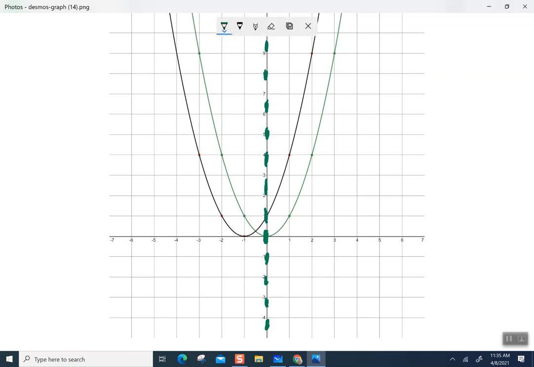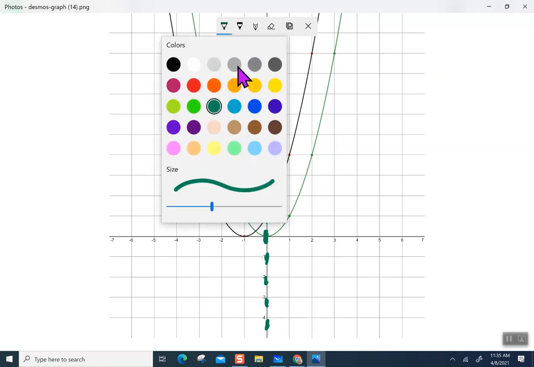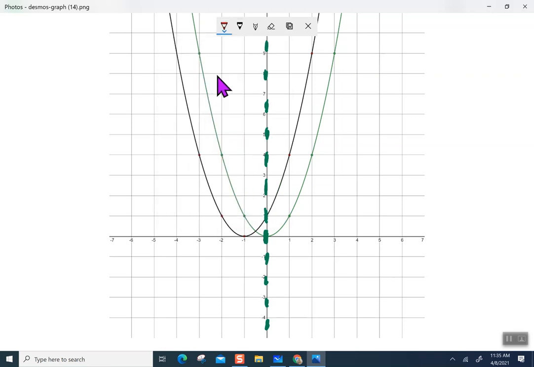Now I'm going to use red to show you where it moved to, and hopefully this will make a little bit more sense. Here is my new axis of symmetry. So it looks like it moved this direction. And how many units did it move?